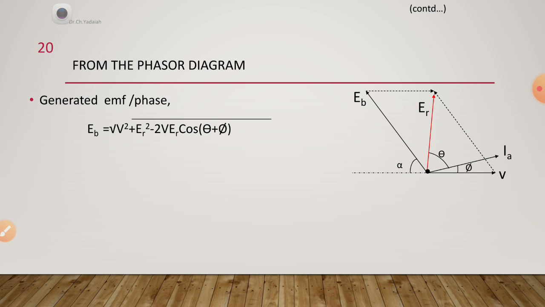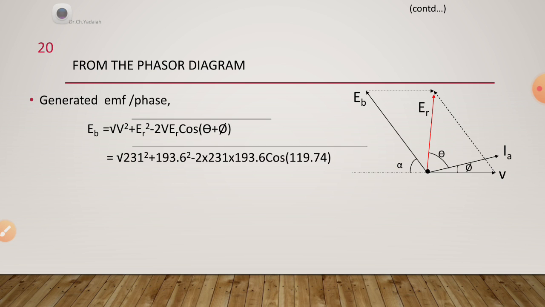Now generated EMF per phase EB is equal to the root of V square plus ER whole square minus 2 into V into ER into cos theta plus phi. Everything is known, simple substitution. So V is equal to, per phase, 400 by root 3, 231 whole square plus ER, which is IA into ZS, 193.6 per phase values, minus 2 into V into all values we substitute.